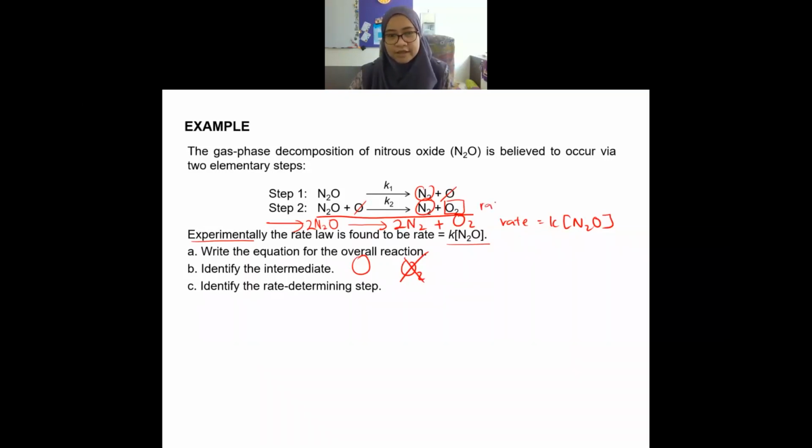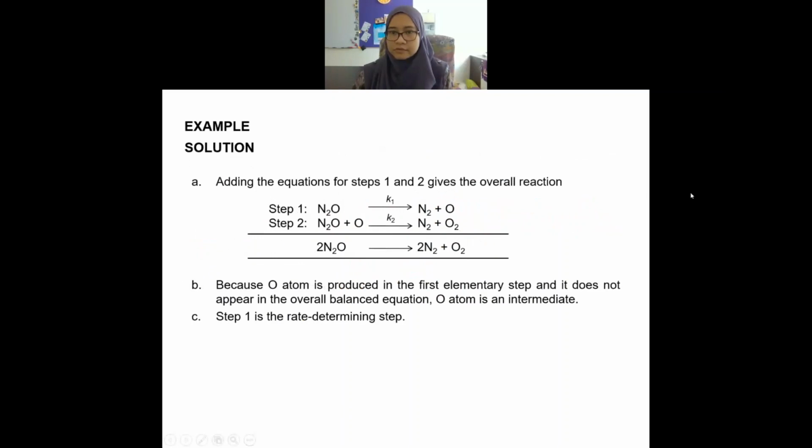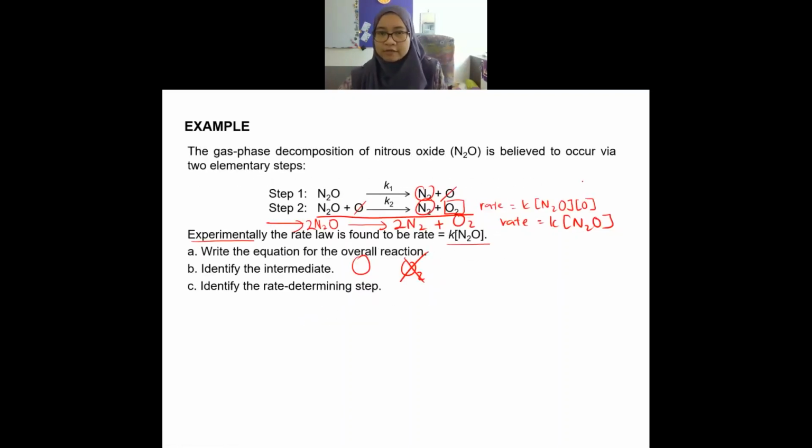Elementary step. So for step number 2, the rate law is equal to K, N2O to the power of 1, the order is 1, times O. Okay, 1, 1.